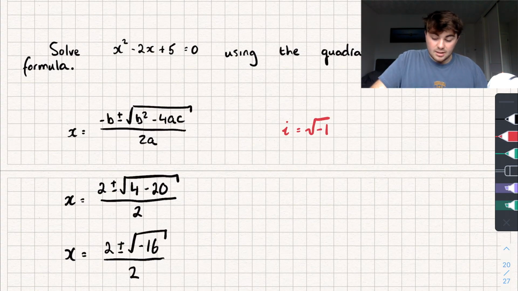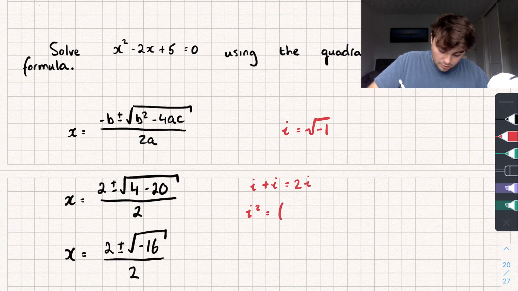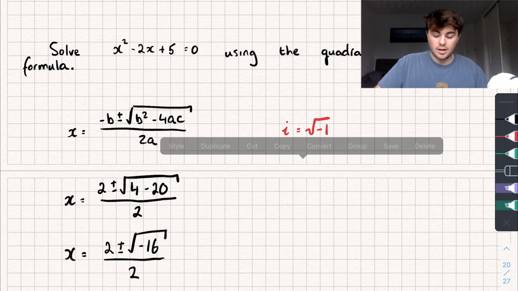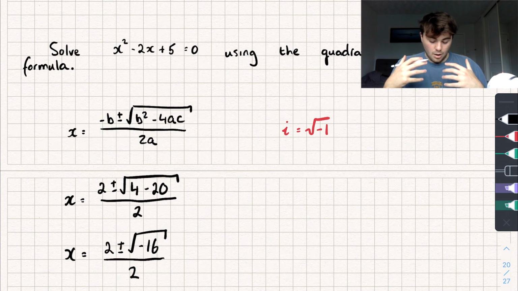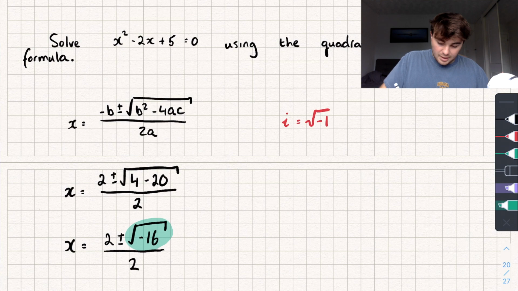So we could add i and i together, i plus i, and we just get 2i. We could square it, so i squared would be equal to the square root of negative 1 squared, and so we get negative 1. There are lots of things that we can do with it, and it behaves the same way as any other number.